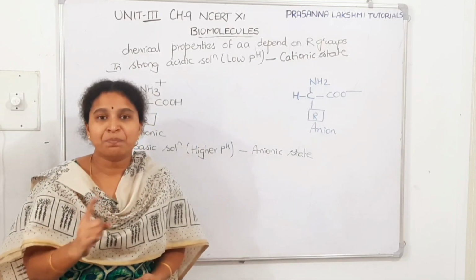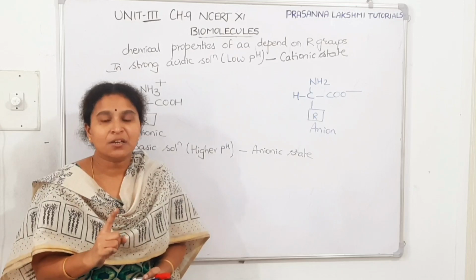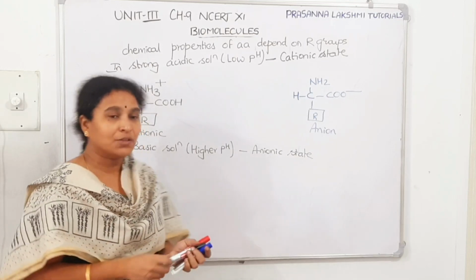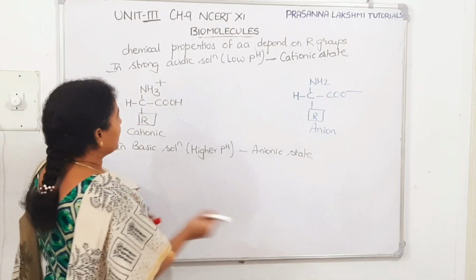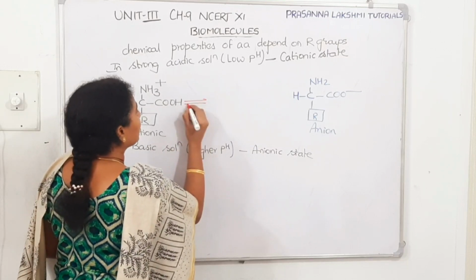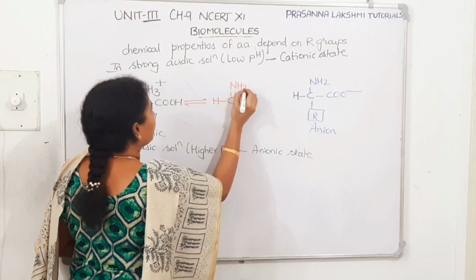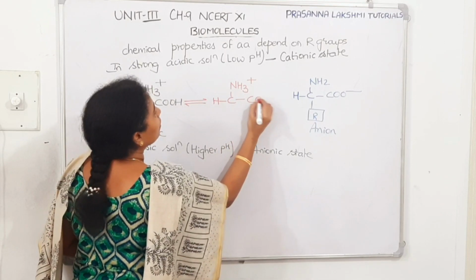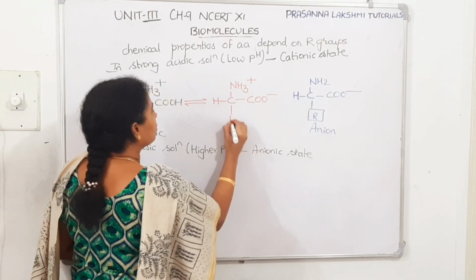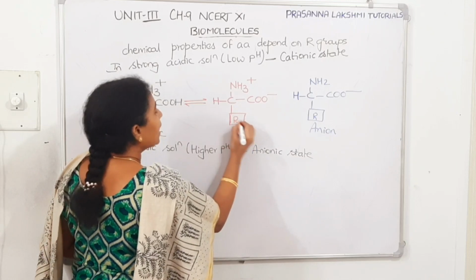Every amino acid has a particular pH at which it bears both positive and negative charge. Now if it bears positive and negative charge, how to show it? Plus also, minus also, R group.